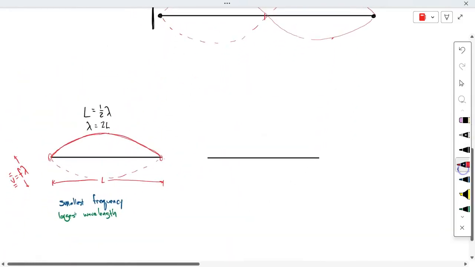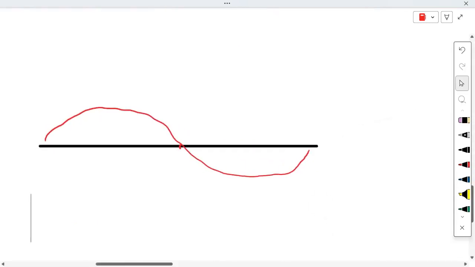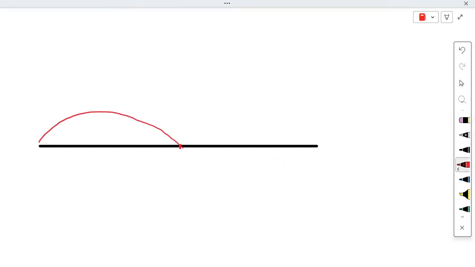I'll just draw it again. This standing wave could oscillate between looking like this, fine, and looking like this at some instant later in time.